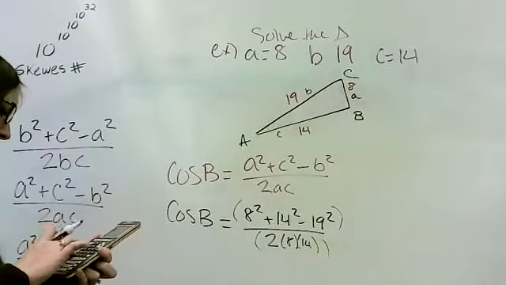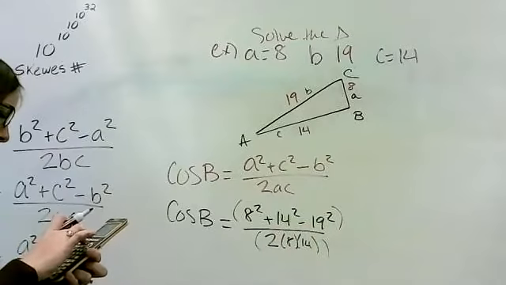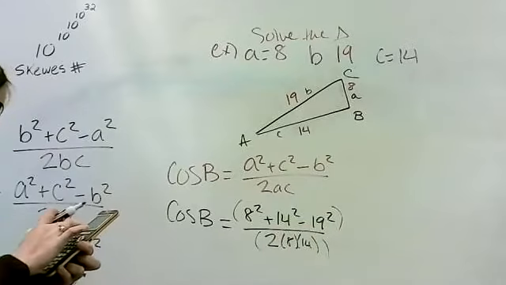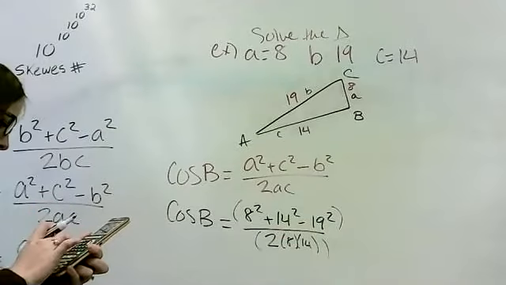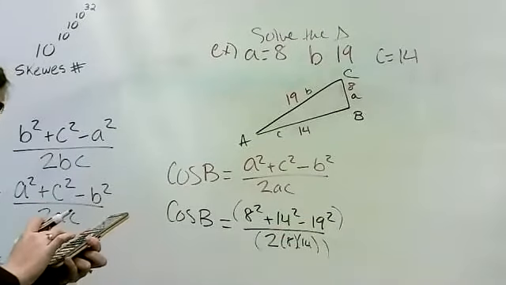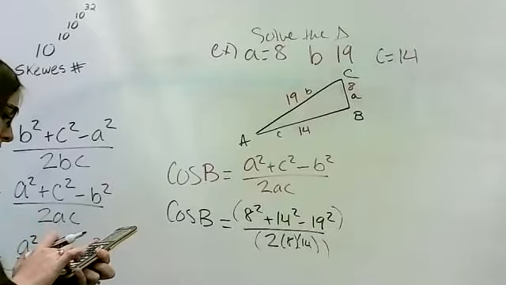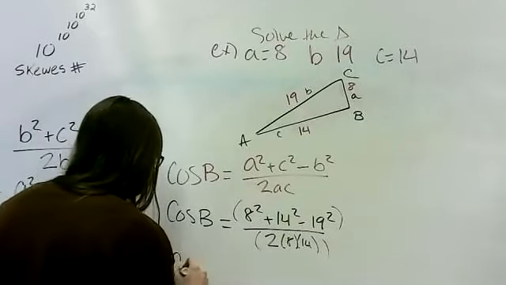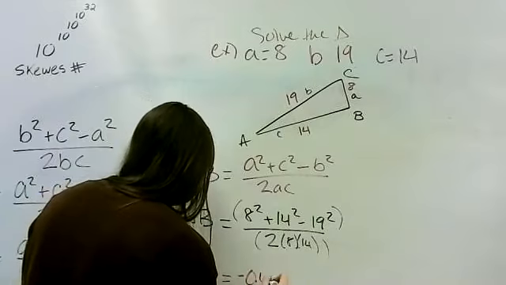So when finding this, 8 squared plus 14 squared minus 19 squared, all divided by 2 times 8 times 14, I am getting a cosine B of negative 0.45.